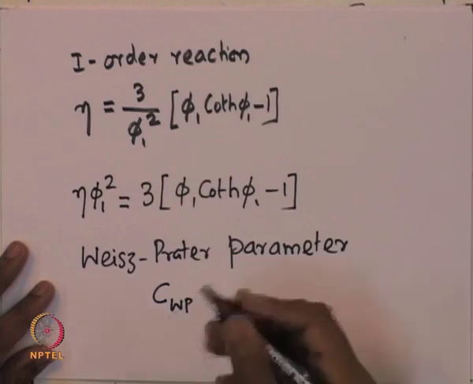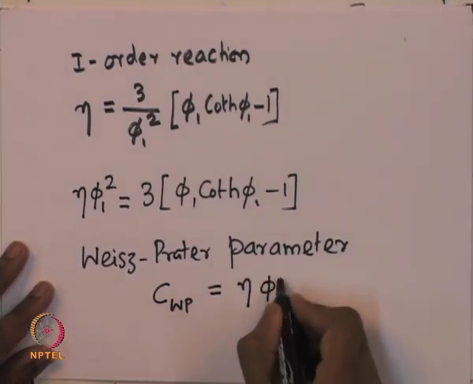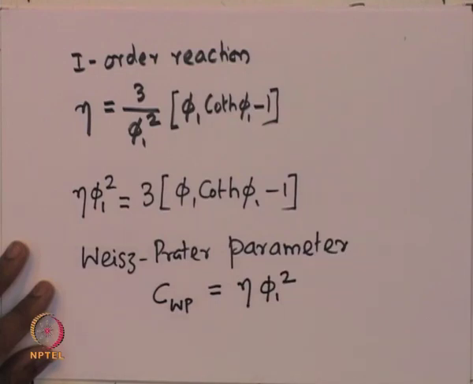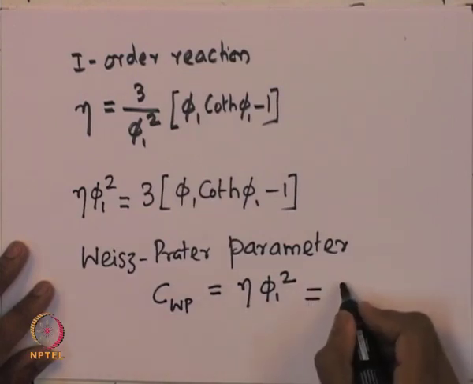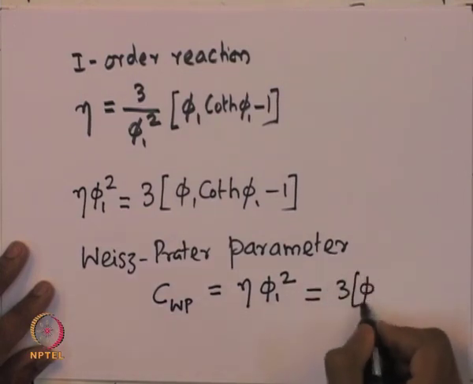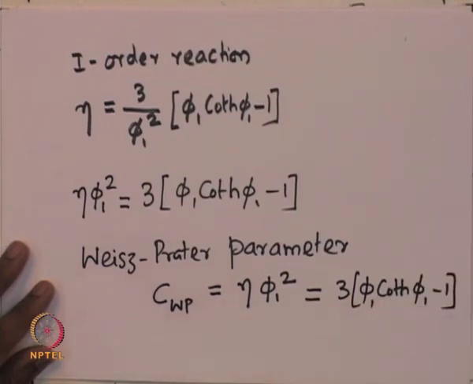C subscript WP represents the Weisz-Prater parameter, and that is equal to eta into phi 1 square. So, we define a new parameter CWP equal to eta into phi 1 square, which would be equal to 3 into phi 1 coth phi 1 minus 1.